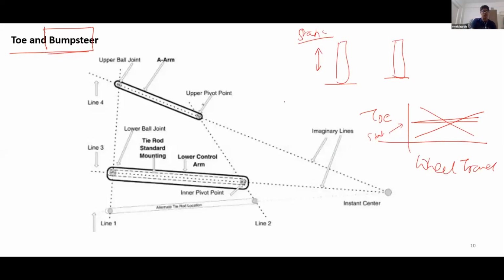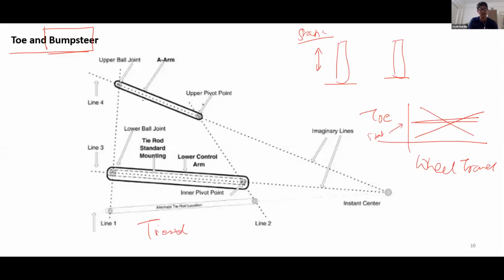So how do we correct for bump steer over here? Basically, the bump steer can be adjusted by placing your tie rod correctly. This is the front view of the suspension.